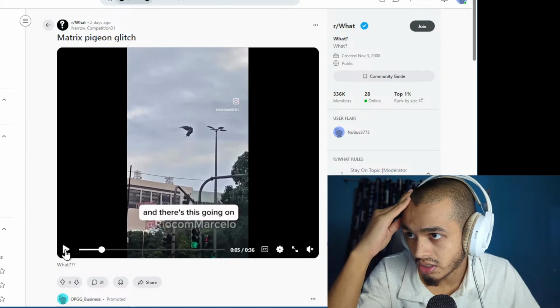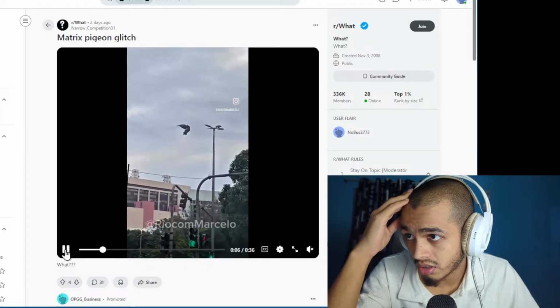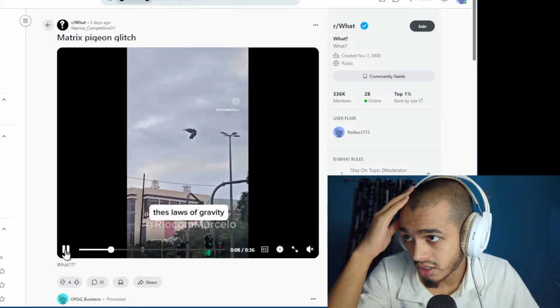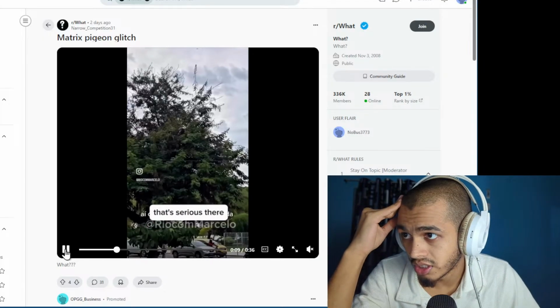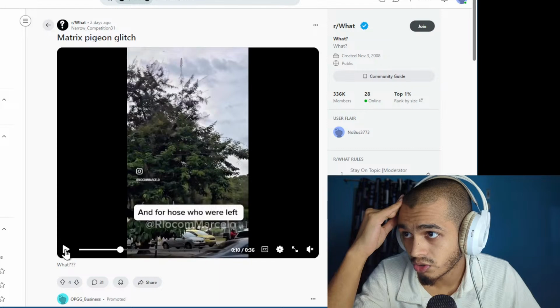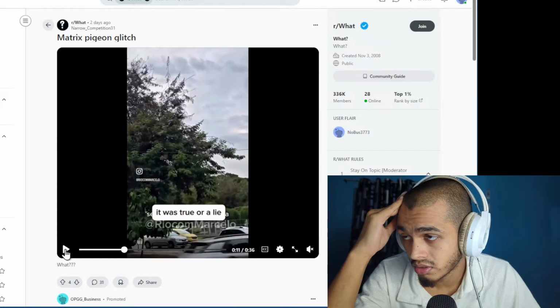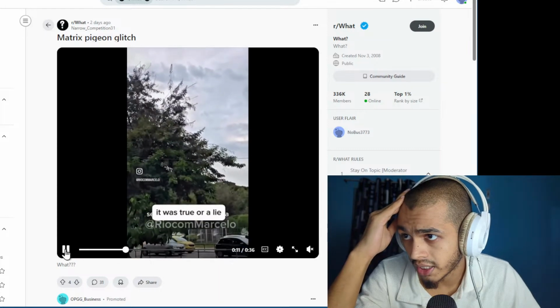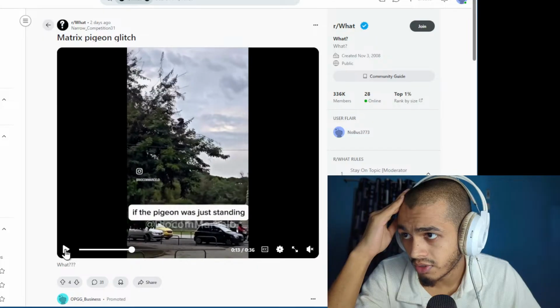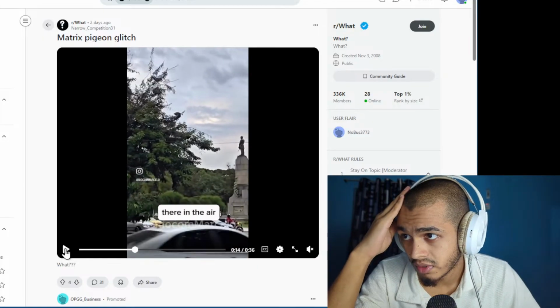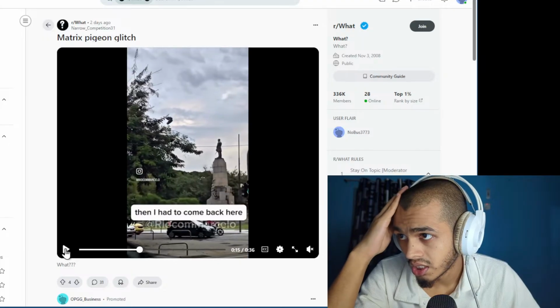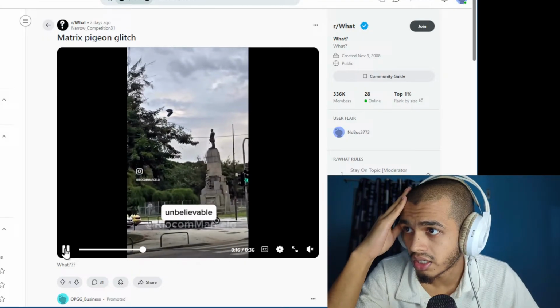The laws of gravity, they're serious there. For those who were left in doubt, it was true or a lie. If the pigeon was just standing there in the air, then I had to come back here.